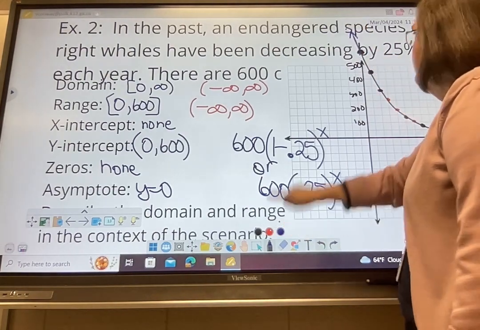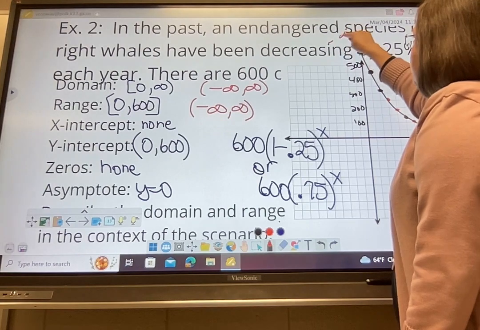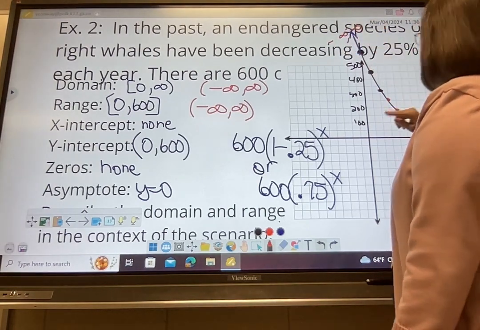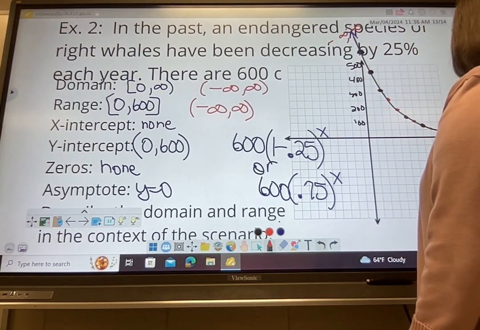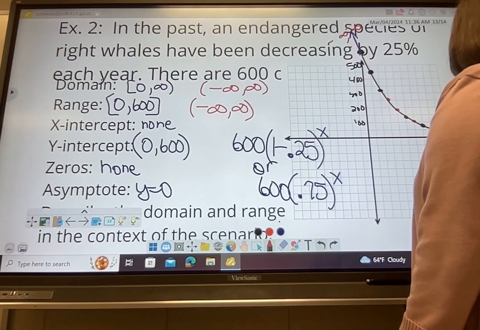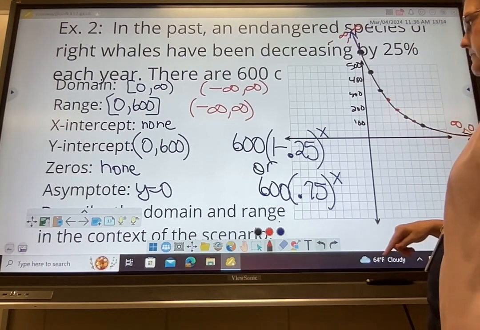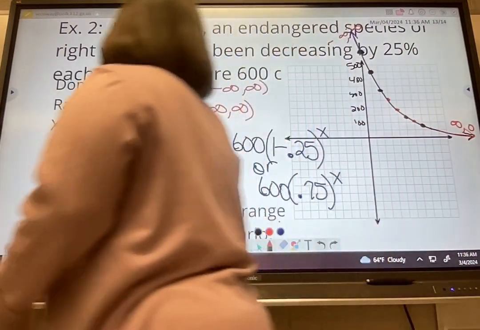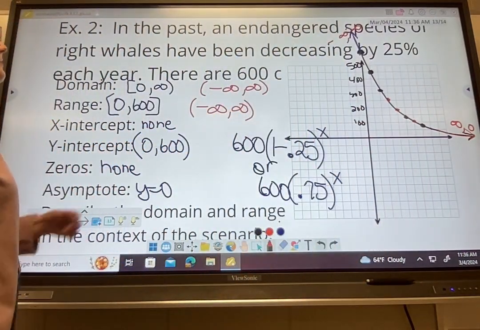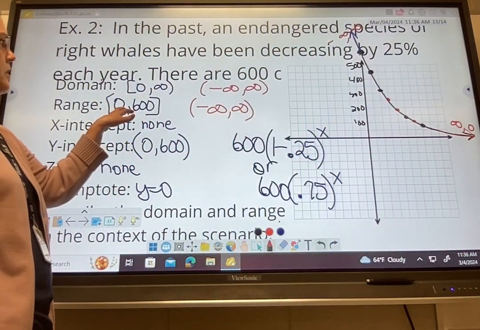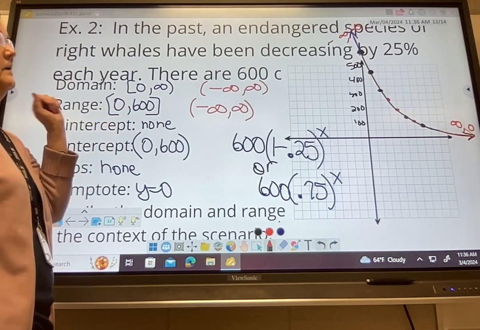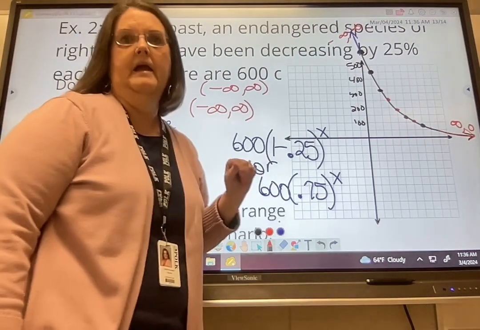So with theory, this graph is going on. This arrow is negative infinity, and this one is infinity. Okay, so the range in the real world goes from 0 to 600 because you can't have negative right whales.